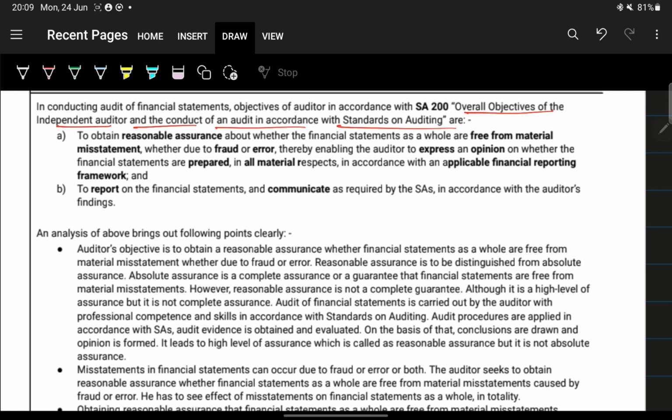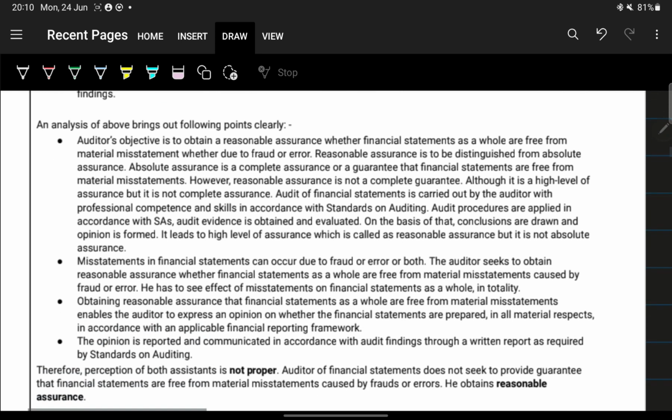Firstly, it is to obtain a reasonable assurance about whether financial statements as a whole are free from material misstatement, whether due to fraud or error, thereby enabling the auditor to express an opinion on whether the financial statements are prepared in all material respects in accordance with the applicable financial reporting framework, and to report on the financial statements and communicate as required by the SAs.